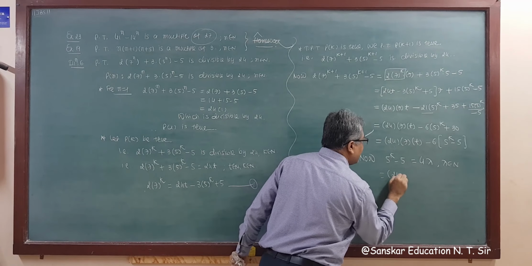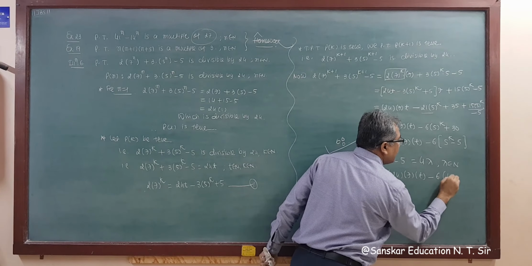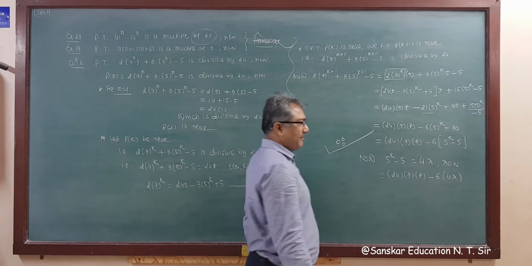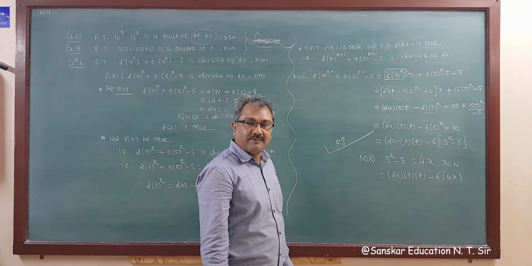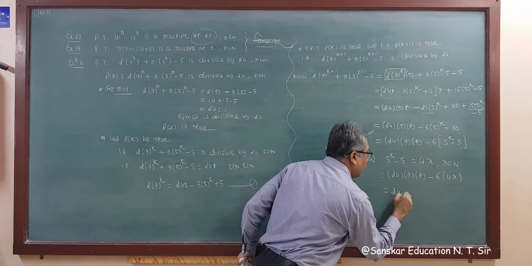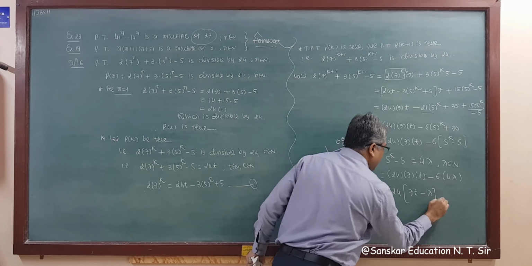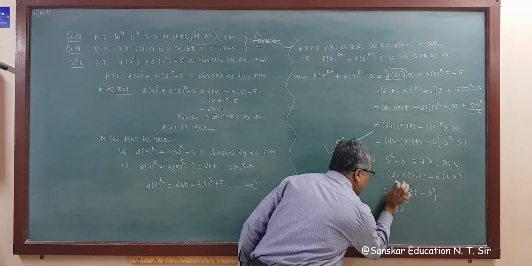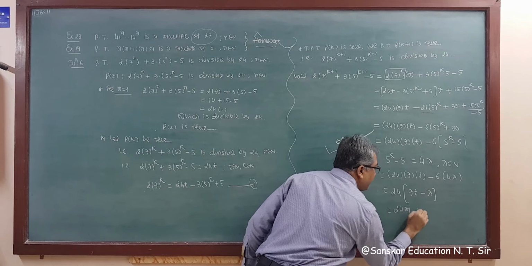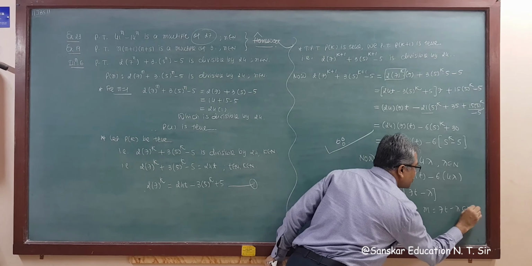Now see, if we substitute this here, what do we get? This is 24 into 7 into t minus 6 into 4 lambda. So now 24 is common. So this is 24 into 7t minus lambda, which is equal to 24 into m, where m is equal to 7t minus lambda and belongs to n.